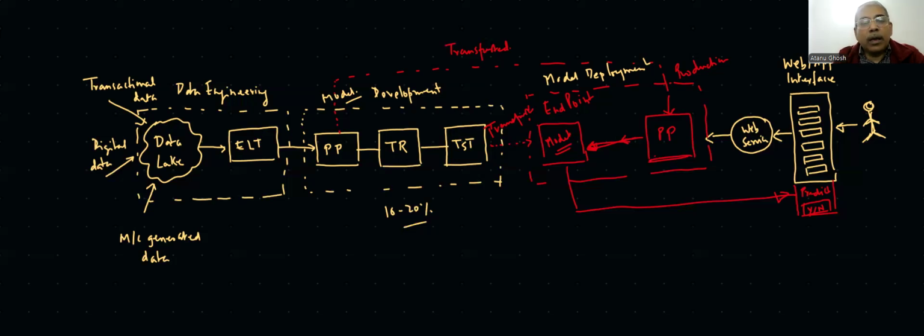Within that, there can be probably 50% over here, and maybe 30% of the effort goes over here. Of course, it varies with the nature of the problem. So if you look at the entire activity of a data science project, all these three components have to be there.